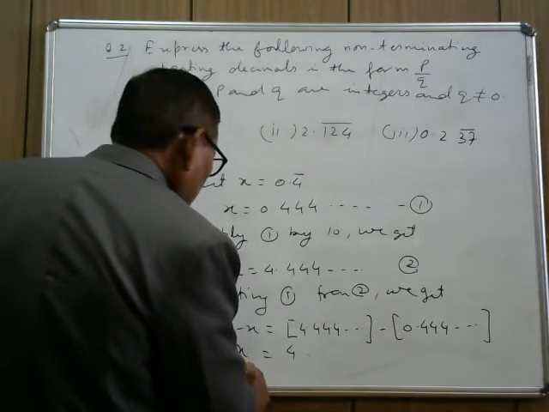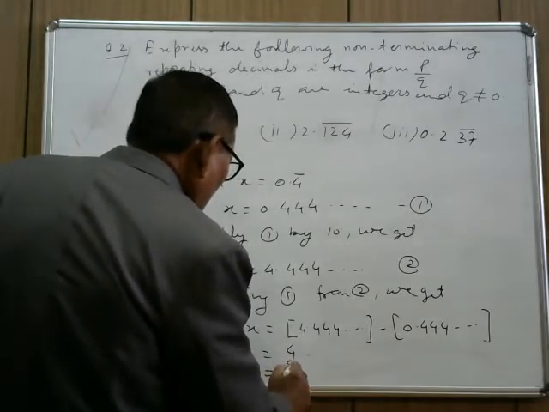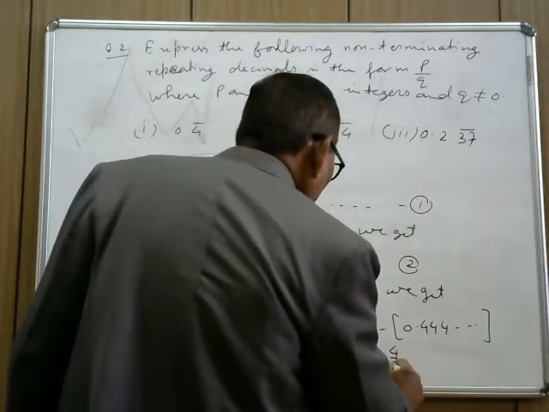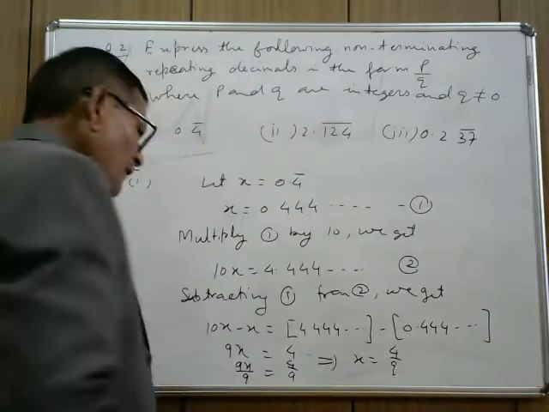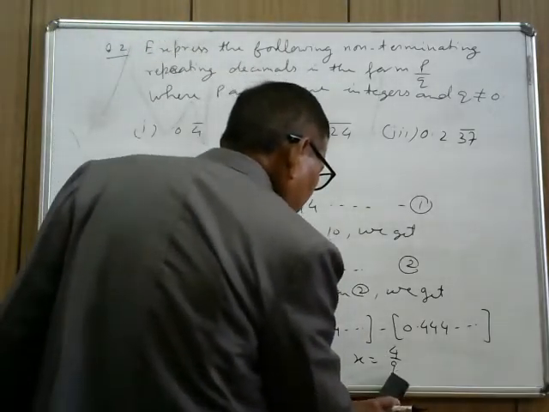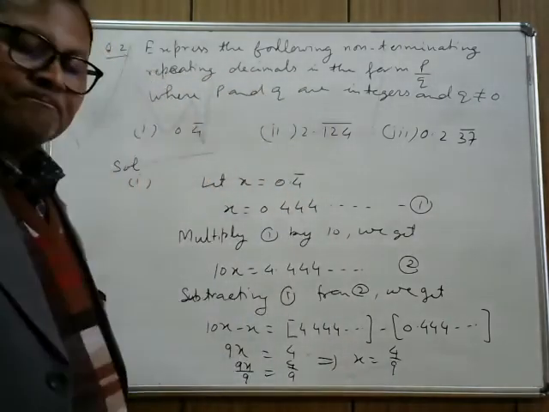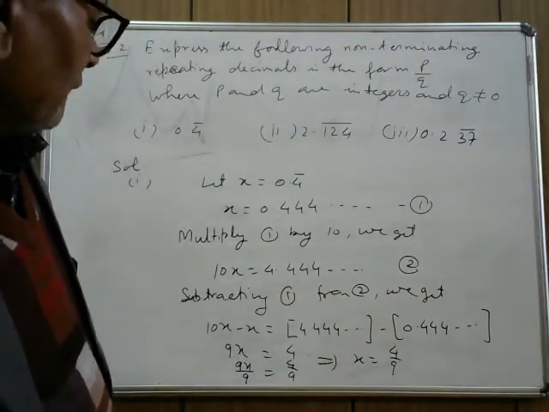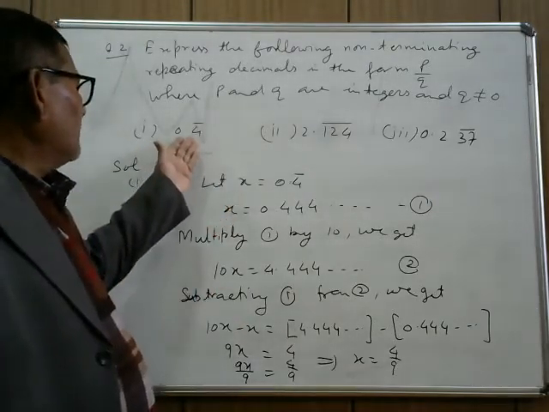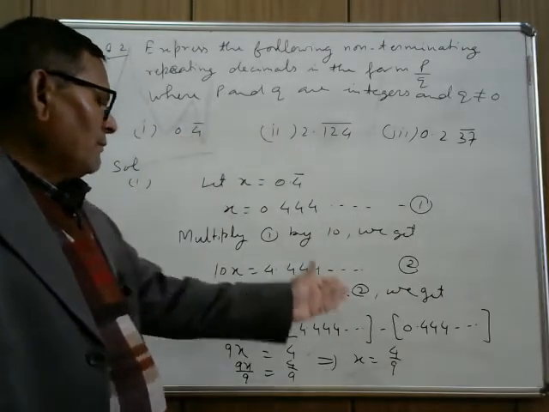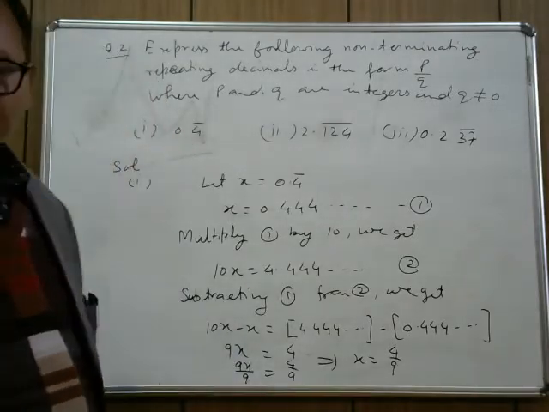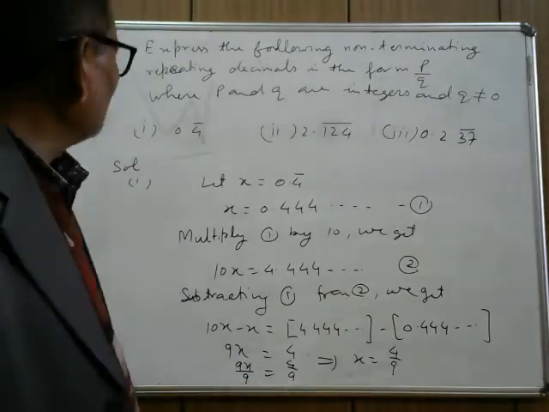So 9x divided by 9, 4 divided by 9. This implies that x is equal to 4 by 9. This is the fractional form of the given decimal 0.4 bar. So you have expressed the given decimal number in the form of p by q, where 4 and 9 both are integers and 9 is not equal to 0.